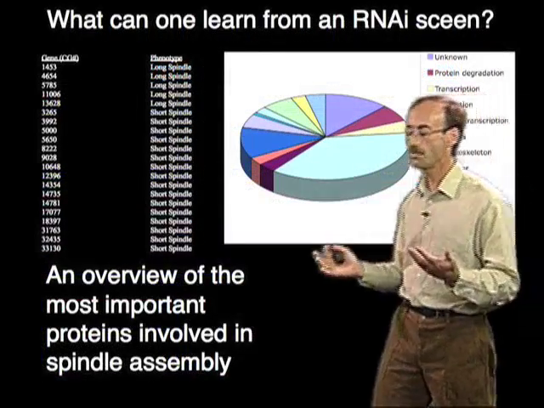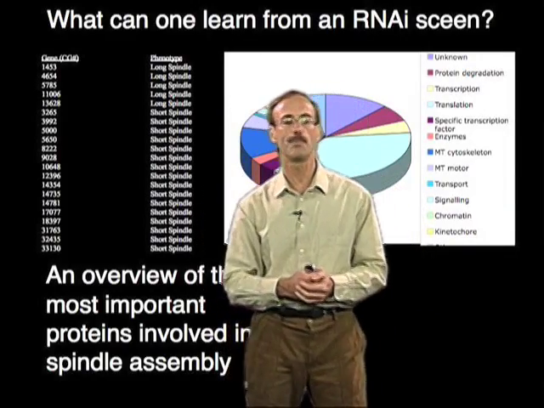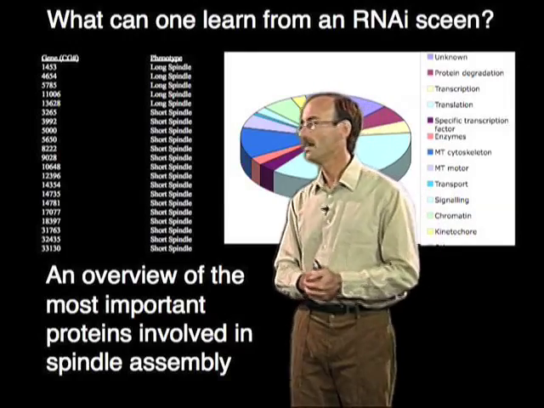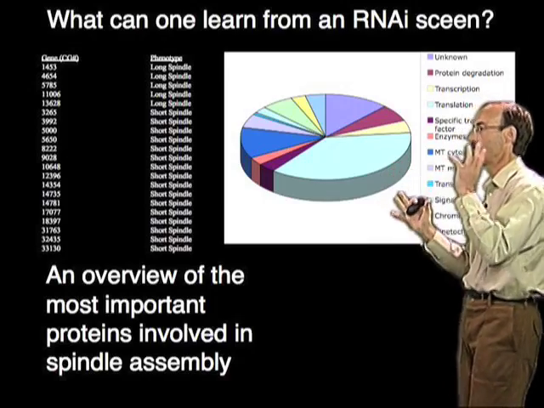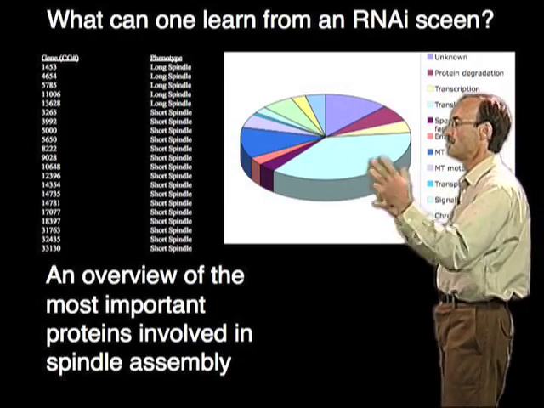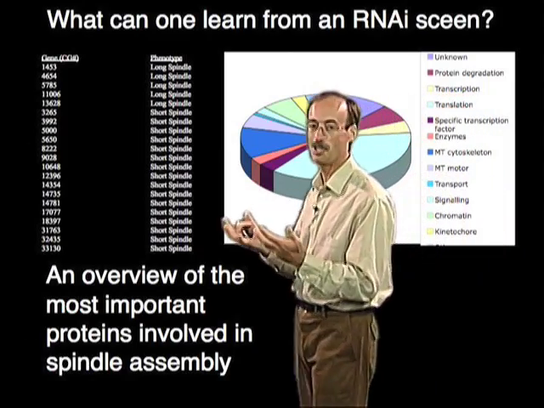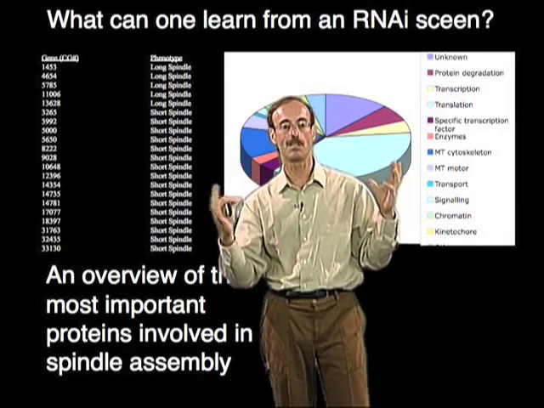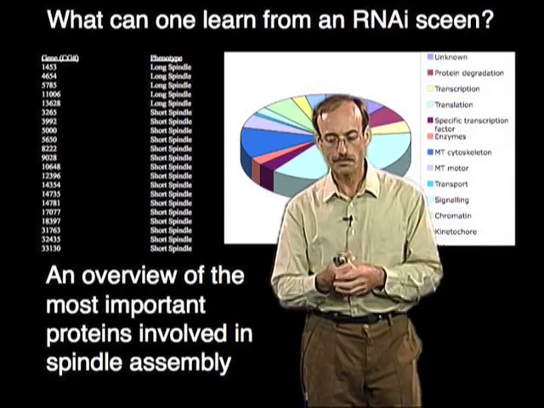So what can one learn from a screen? Well, of course, what you get is a big list of genes. And you can arrange these genes, as many people do, into this pie chart where you separate them into cytoskeletal or signaling proteins. And indeed, this list is somewhat useful. It gives you an overview of the most important proteins involved in spindle assembly.